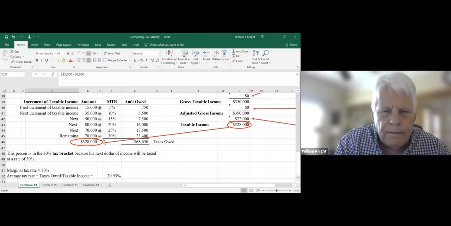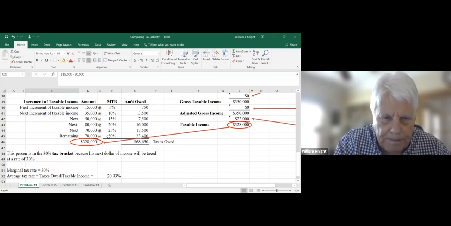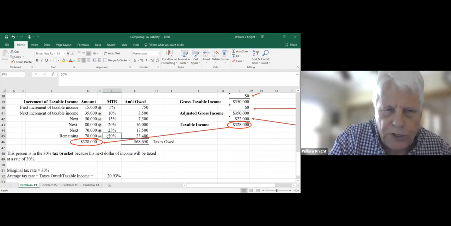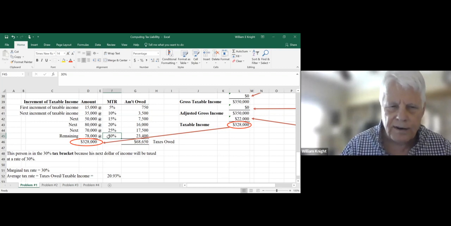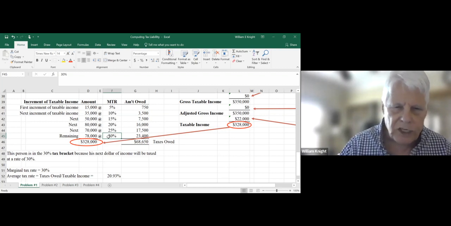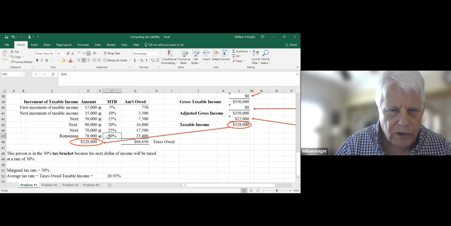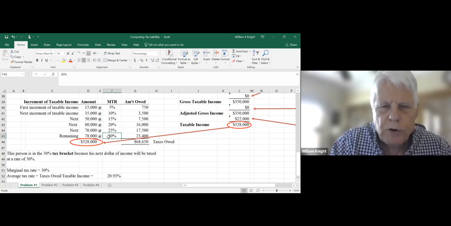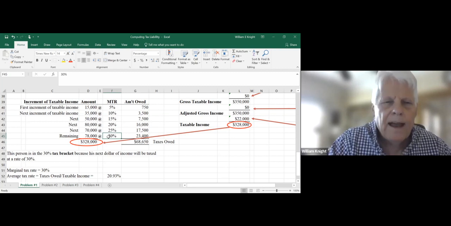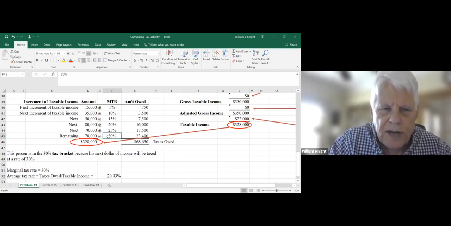Now, if you were to ask Bill what tax bracket he's in, he'd say, I'm in the 30% tax bracket, which means that the last dollar he earned during the taxable year, in this case 2022, was taxed at 30%. So he's in the 30% tax bracket.